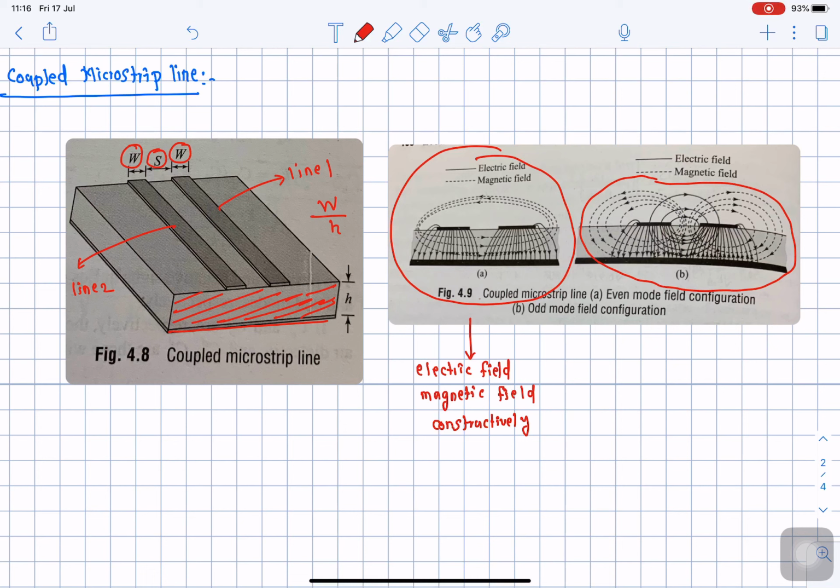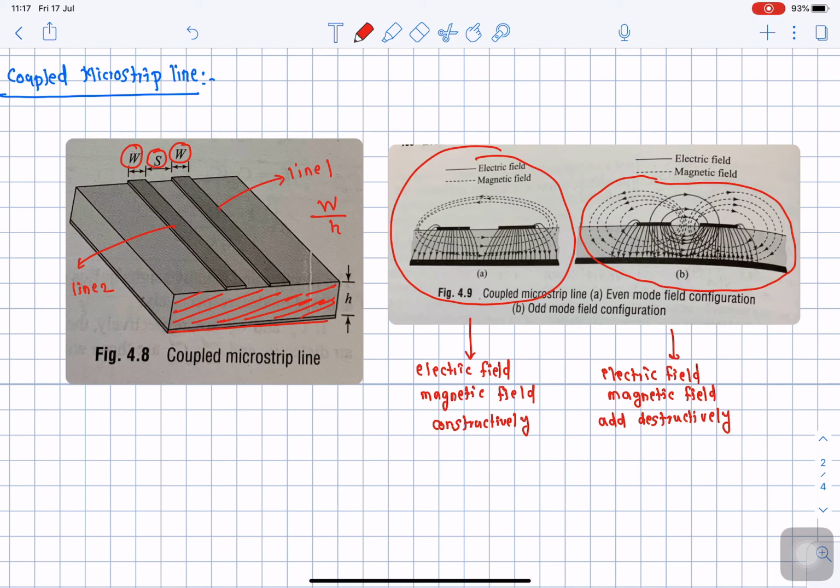So please remember, here the electric field and magnetic field add destructively. Or you can say a destructive interference will happen between the electric field lines and magnetic field lines generated by these two separate microstrip transmission lines. So these are the field configurations and the meaning of even mode and odd mode configuration.